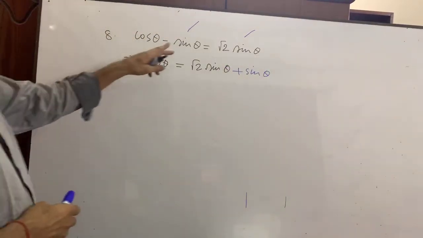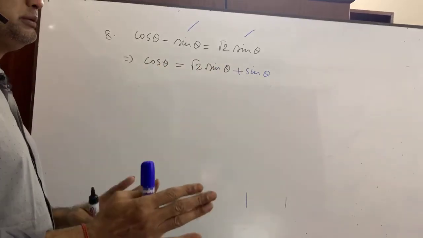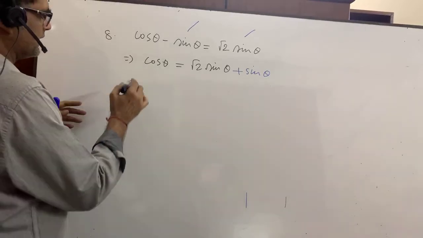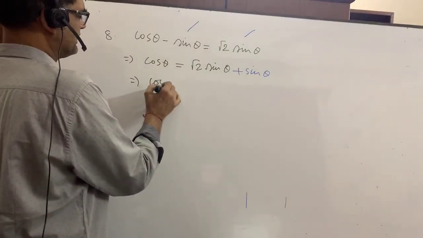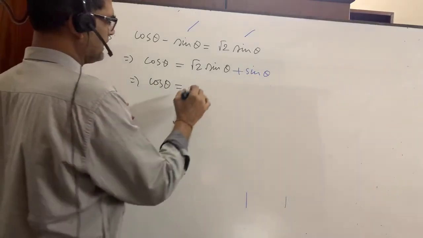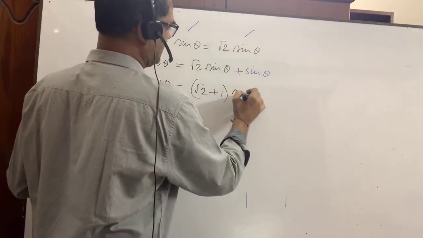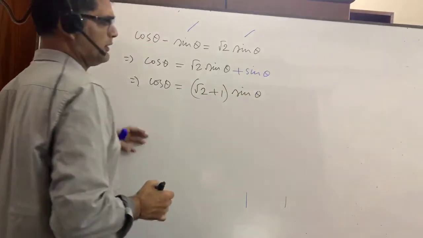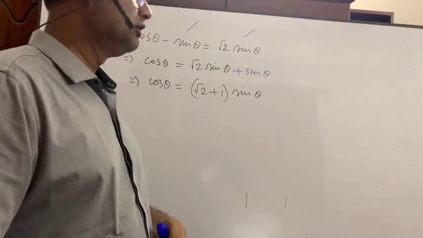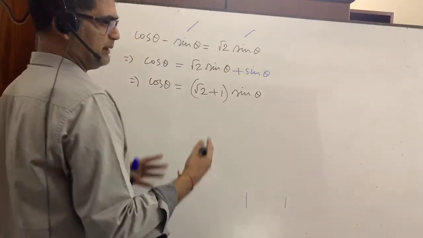Now it is cos theta equals root 2 plus 1 sin theta. Actually I have taken sin theta common. For your kind information, for logarithm and trigonometric ratio, it is better if you take common afterwards.